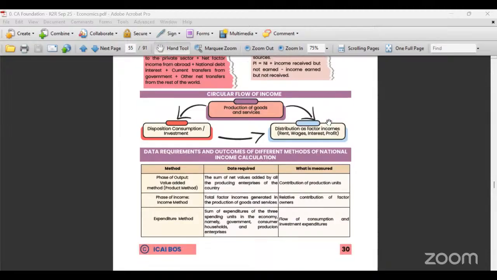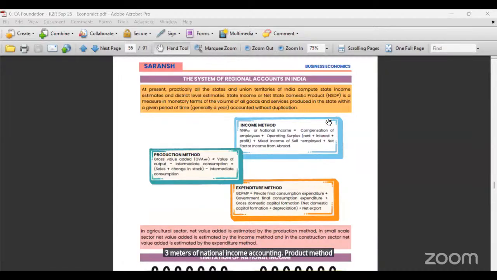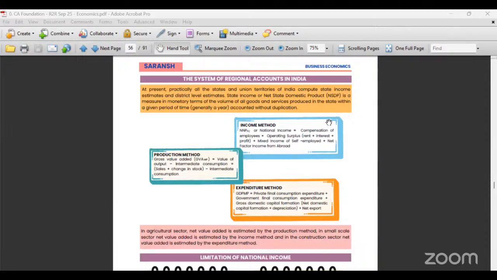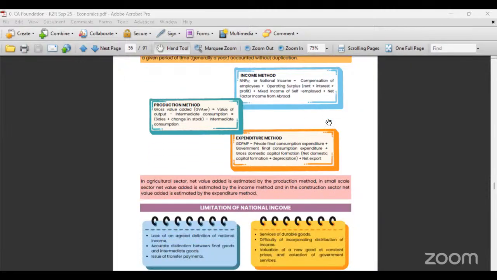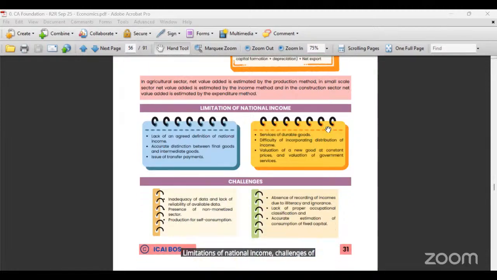Three methods of national income accounting: product method, income method, expenditure method. Limitations of national income, challenges of national income.